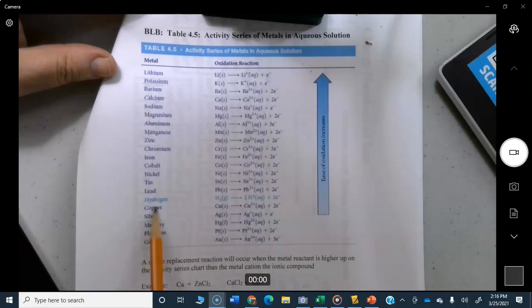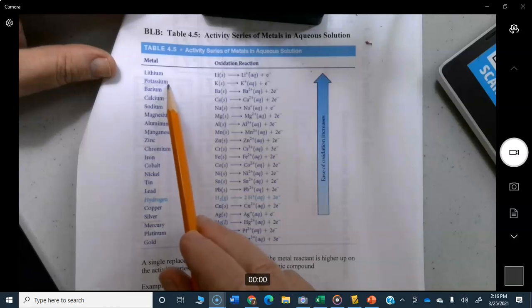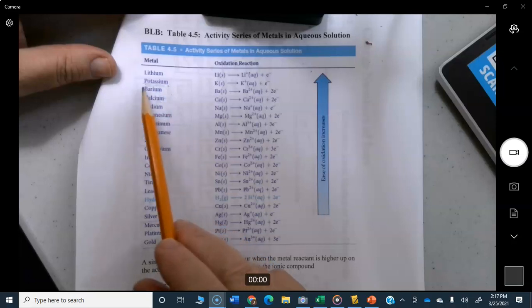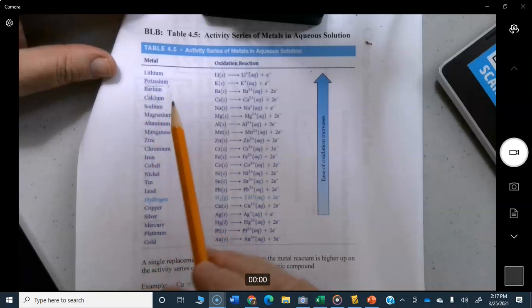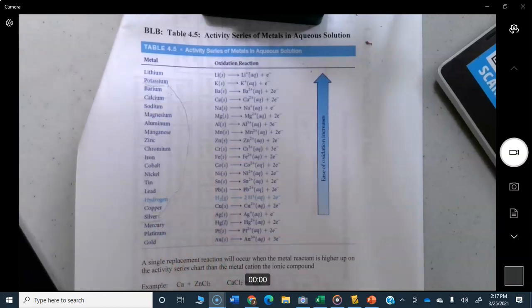Silver's stronger than potassium. So silver can pull 1 electron away from potassium. So the electron, the one that's the lone element outside, in this case potassium, will fall down the activity series to silver. So silver will pull that electron away, and therefore that reaction will take place.